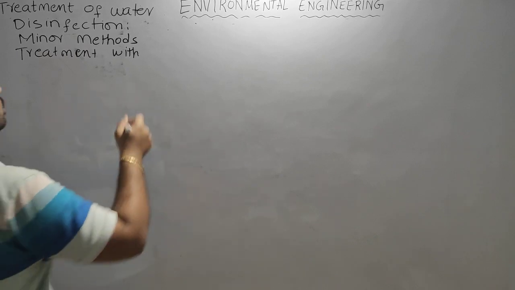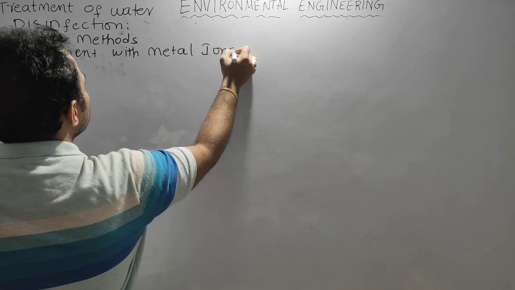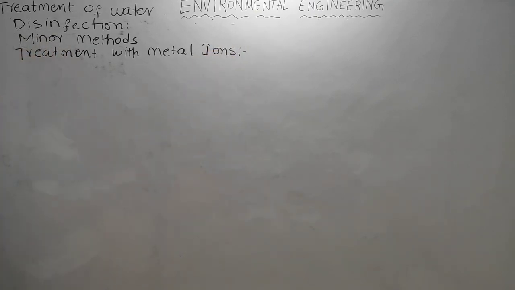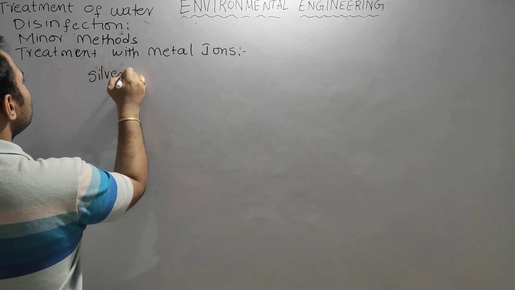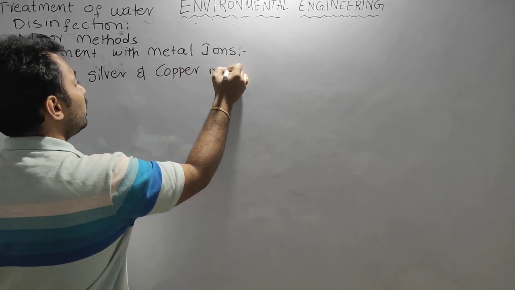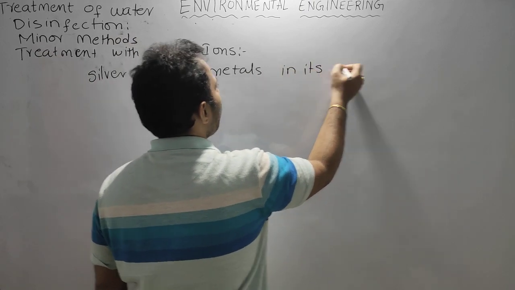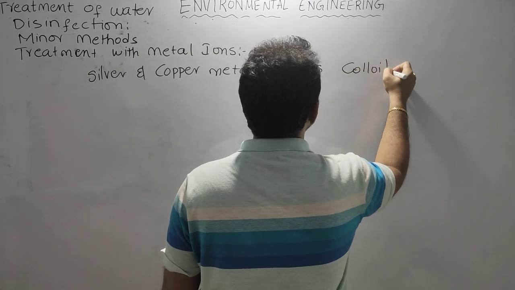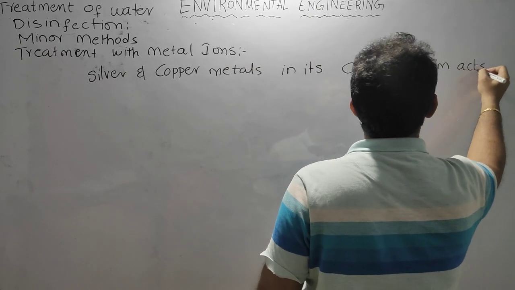When metallic ions such as silver and copper are used to carry out disinfection, silver and copper metals in their colloidal form act like a disinfectant.